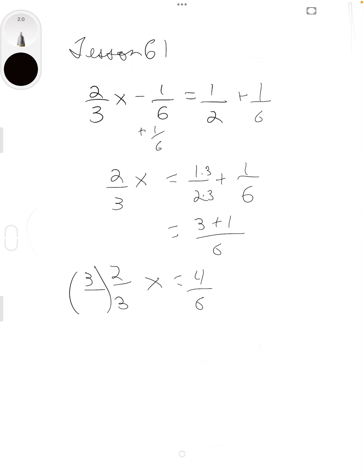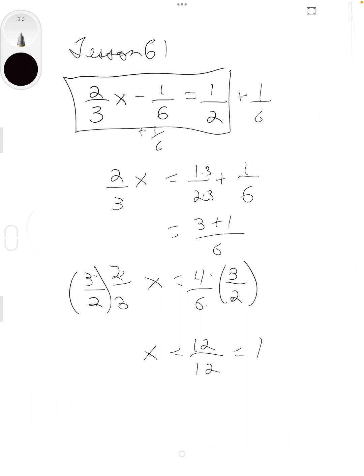To do that, I'm going to multiply times the reciprocal of this fraction. And if I do that to the left side, I must also do it to the right side, because 3 times 2 is 6, 2 times 3 is 6, 6 over 6 is 1. I end up with x equals 4 times 3 over 6 times 2, or 12/12, which is 1. That's the answer to this original problem, and that's how you would do it, just the way we've been doing them all along.